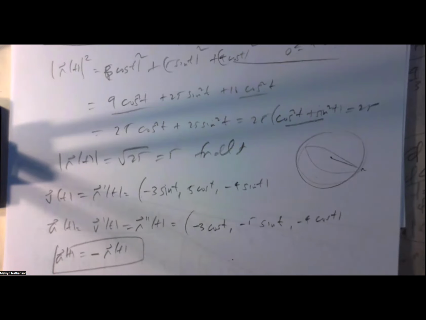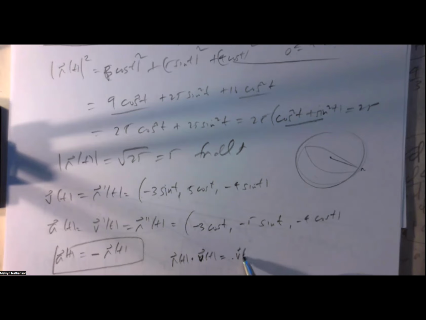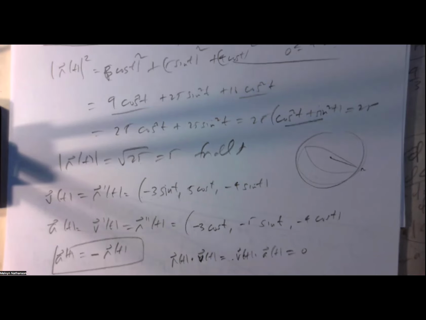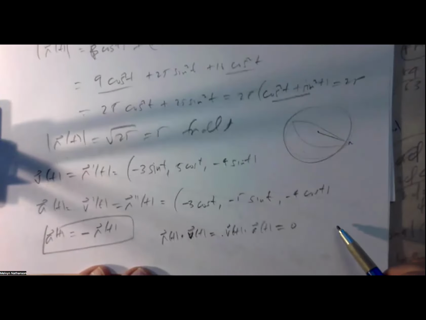And you can also check that the position dot product with the velocity, and the velocity dot product with the acceleration, are 0. So you can think of it somehow like this.